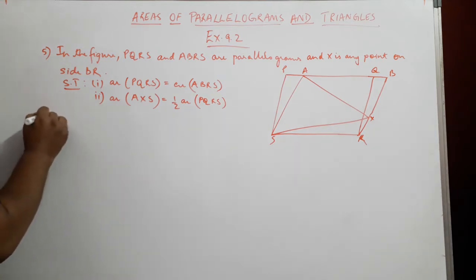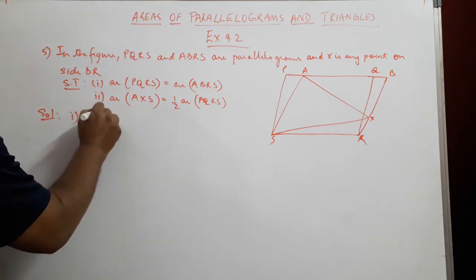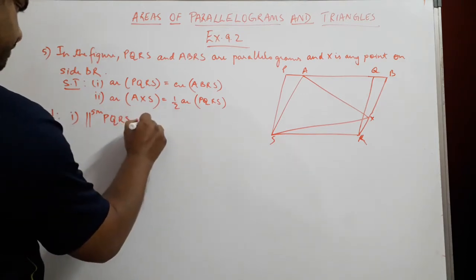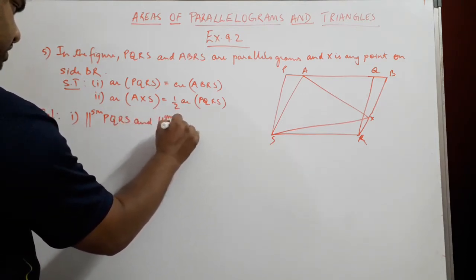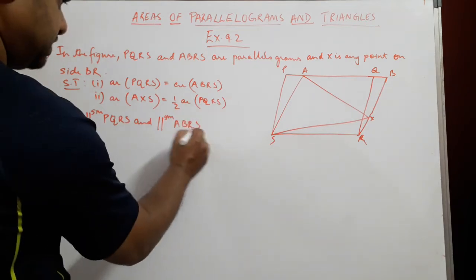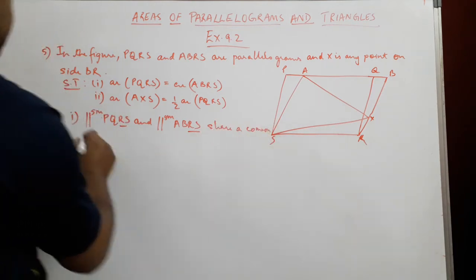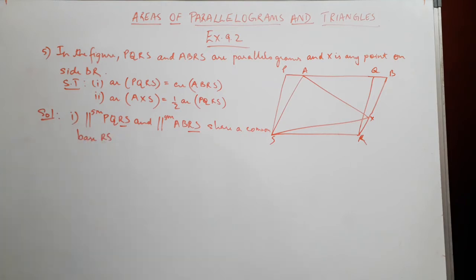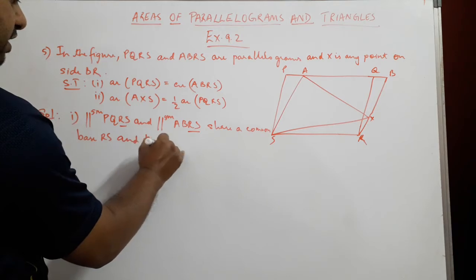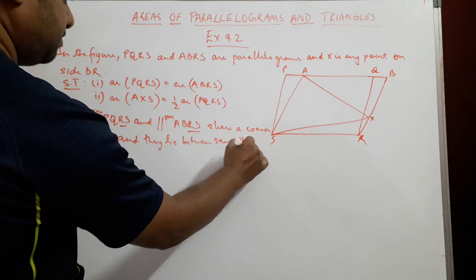So solution, this is for the first one. We know over here that parallelogram PQRS and parallelogram ABRS both lie on the same base, that is RS, and also they lie between the same parallels.